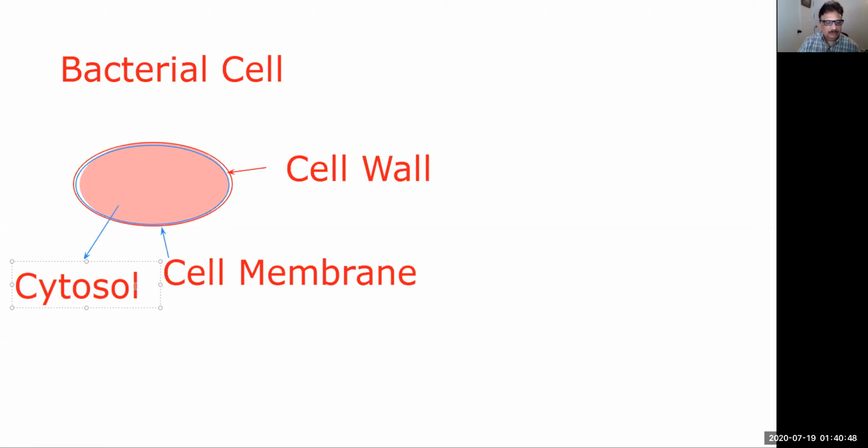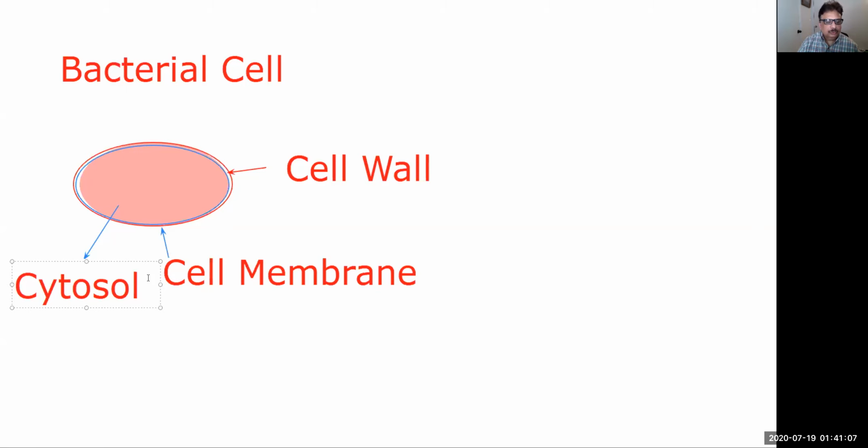Now within this, just like a school has various departments, like human resources, academics, engineering, library that support an institution, that's how various organelles are present within a cell to support its survival.